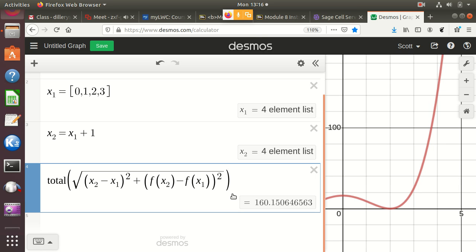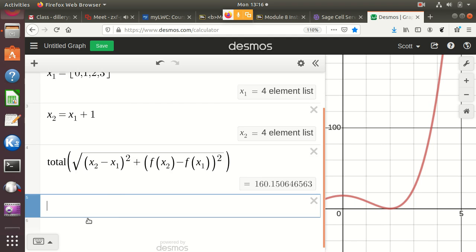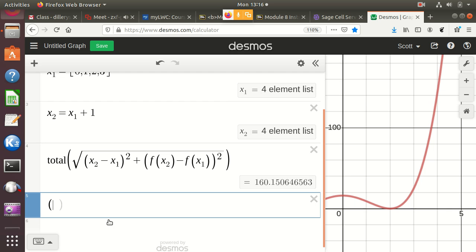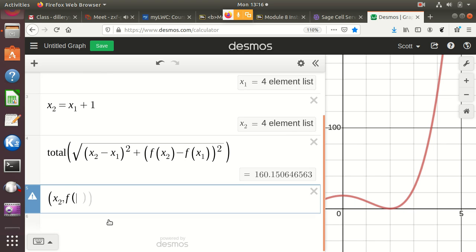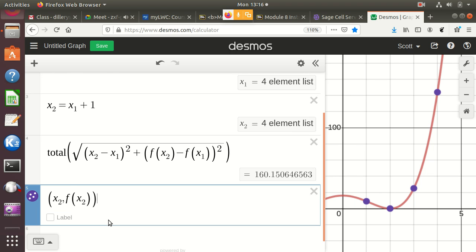Now, because of the way I made the list, I can't get all the points there. I'll either not have the first point or not have the last point. But just like I made the points before, I could take the x2, comma, f of x2.